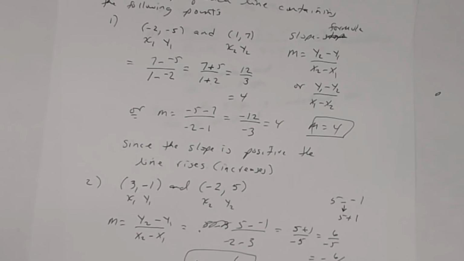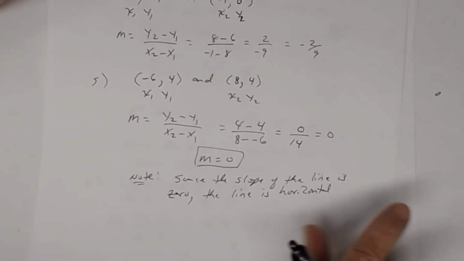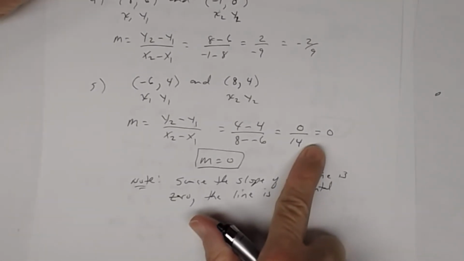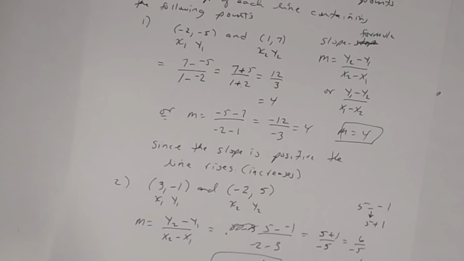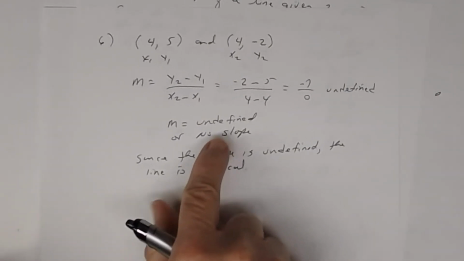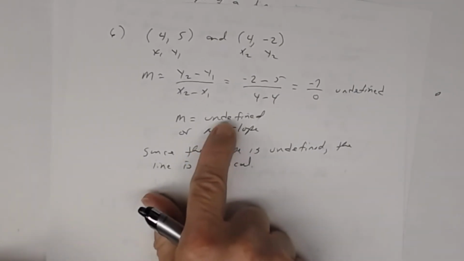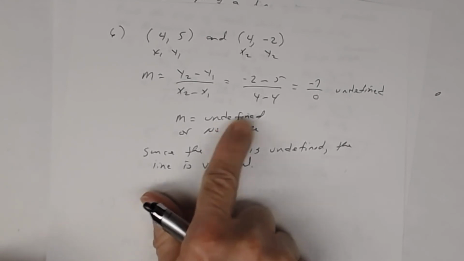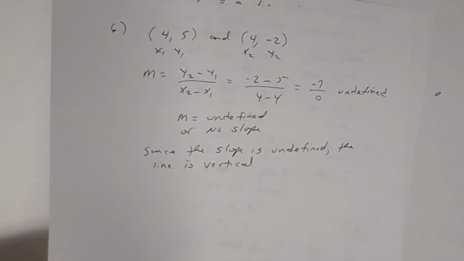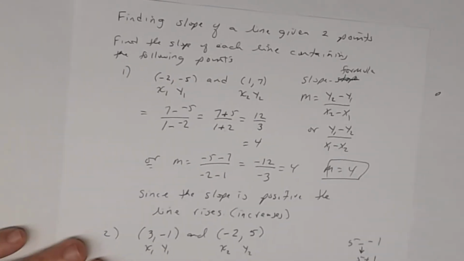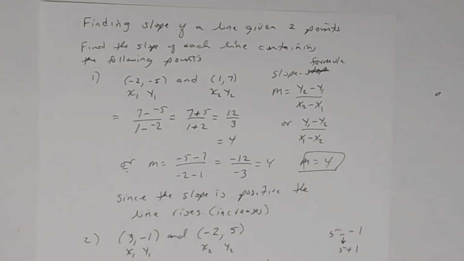We also saw that if the slope is 0, the line's horizontal. And then finally we saw that if a line has no slope, or we can say undefined, that's where the denominator is 0, then it's going to be a vertical line. All right, so that is the end of this lesson.